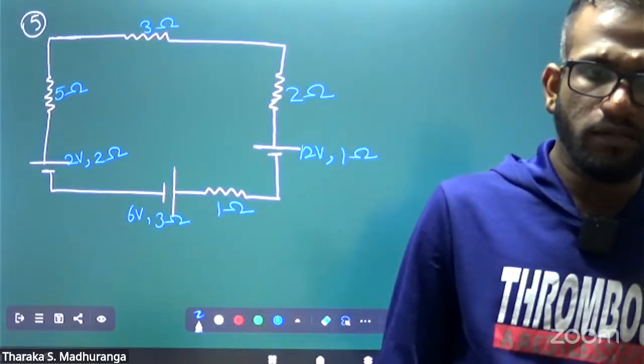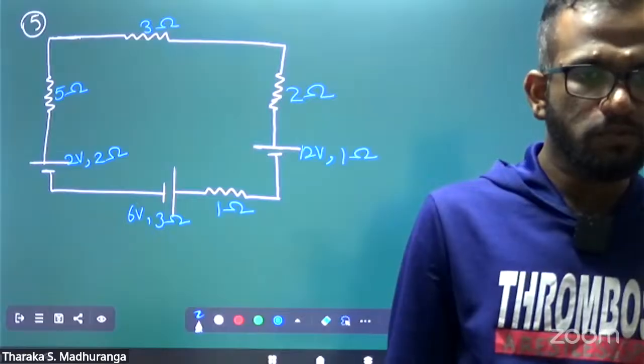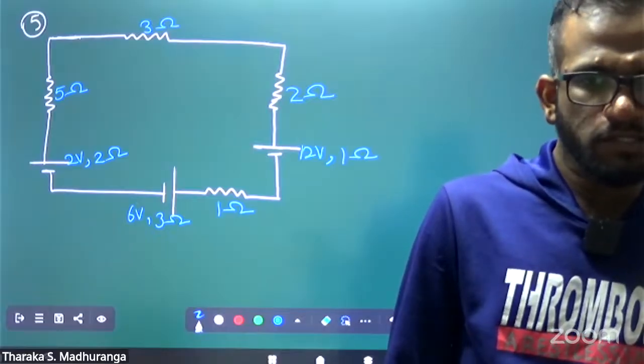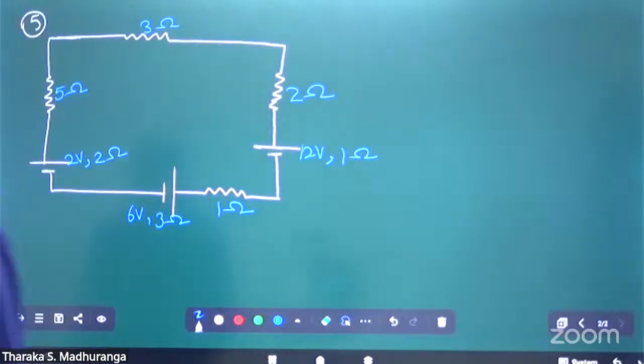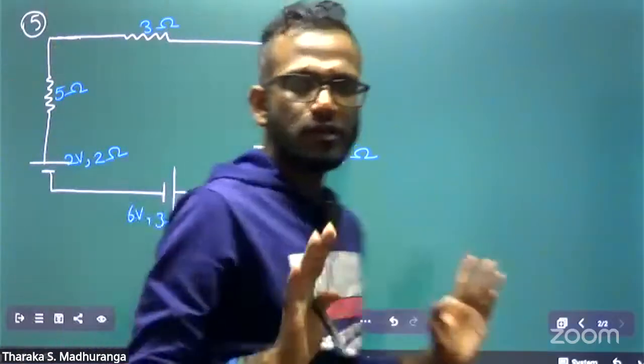Totally, all other steps are up to you. That's the circuit. Can you calculate? I need the answer from all. Come down, I can give you 3 minutes. That's a basic circuit, only one loop.